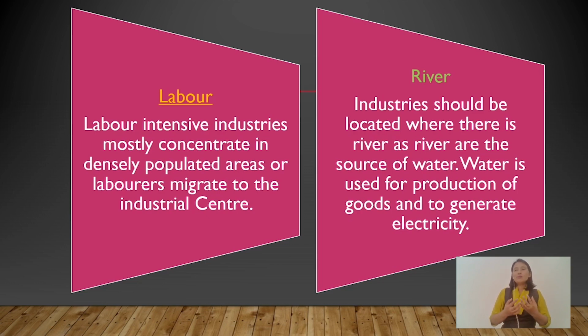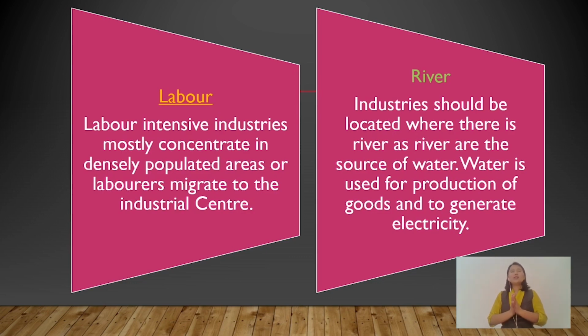So it is very important that industry should be set up near a place where there is a huge population. That's why most labor intensive industries, which means those industries which need a large number of laborers, are set up in densely populated areas.